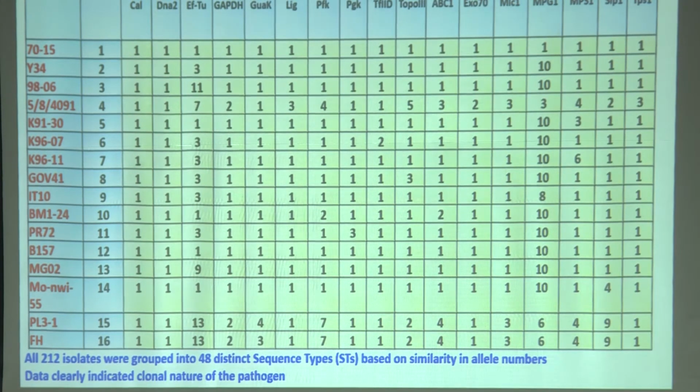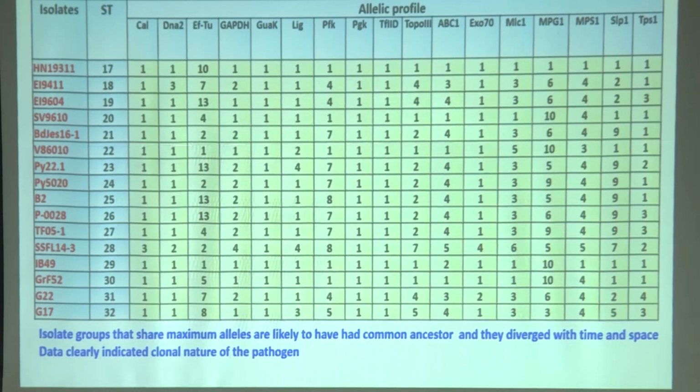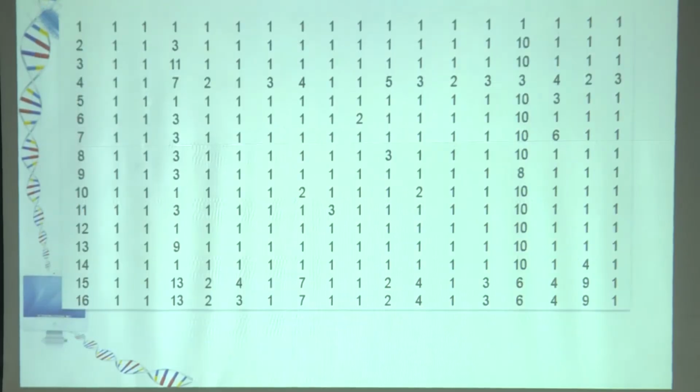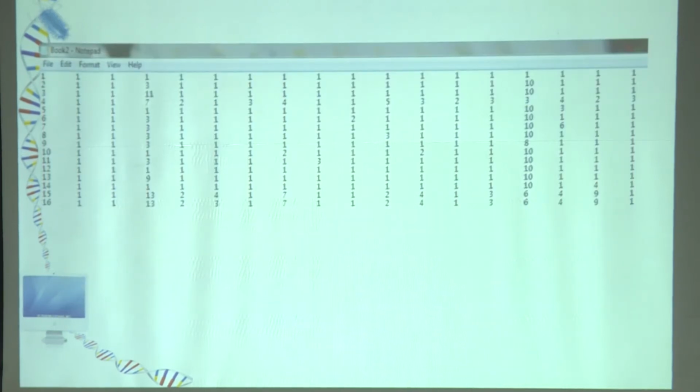So how to do that? Create a matrix. This matrix is just imported into an Excel sheet. In the Excel sheet, your first column is sequence types.